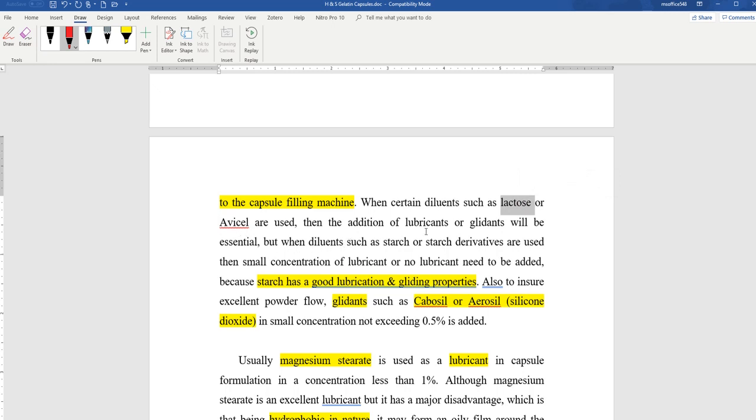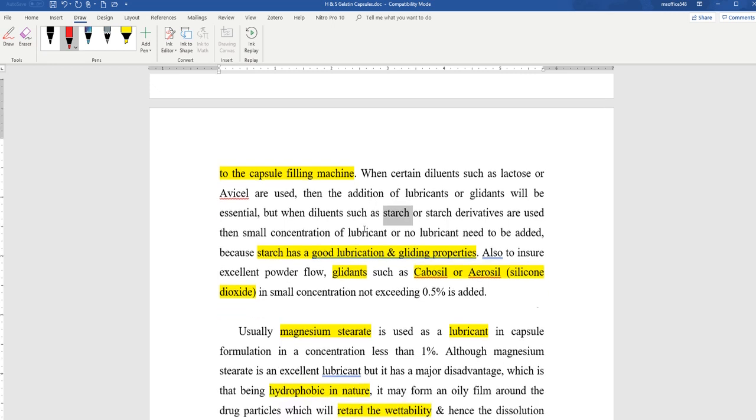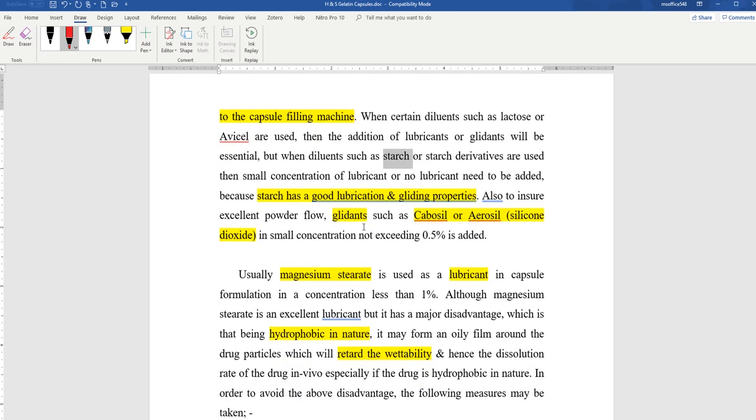But if you are using a diluent such as starch, in this case you may not need to have glidant or lubricant, because starch already has the property of not only a diluent, but also gliding and lubricating properties. In this case, you may not need to use glidant or lubricant, or if you need to use them, then they will be in small concentration.